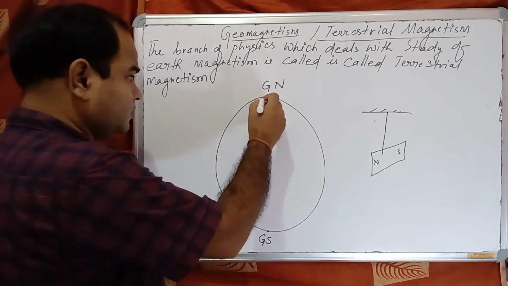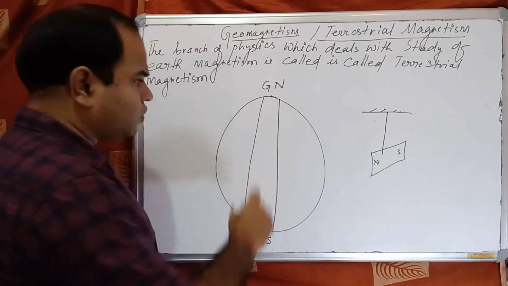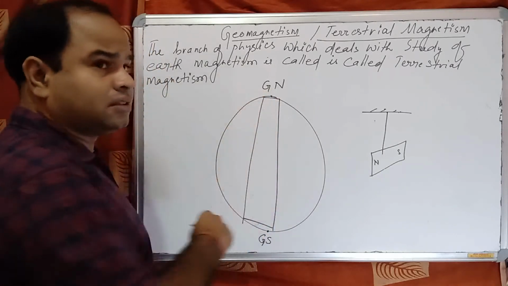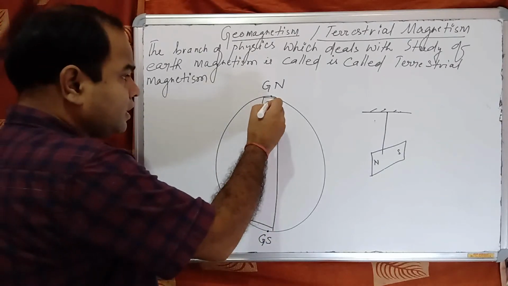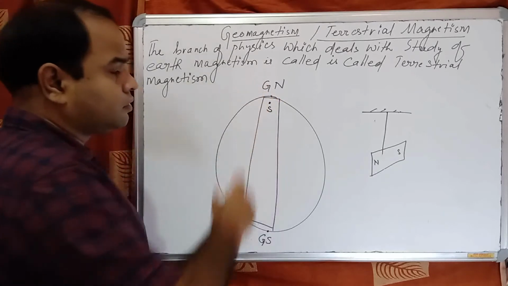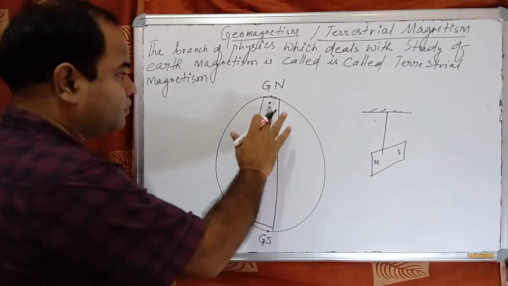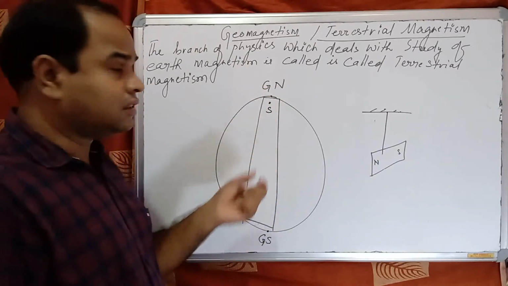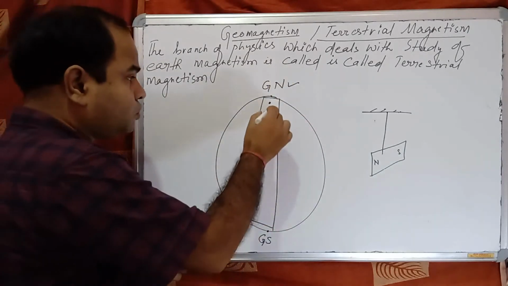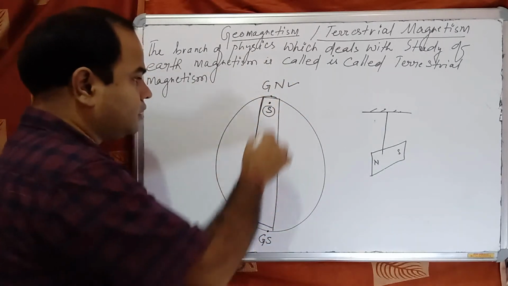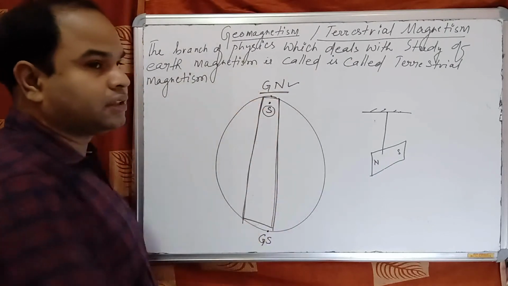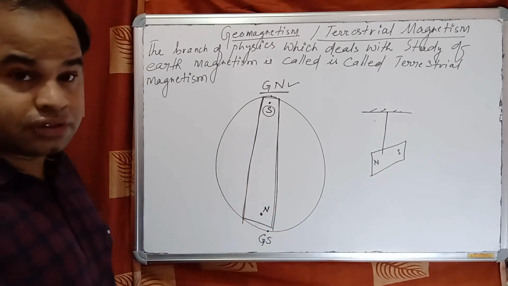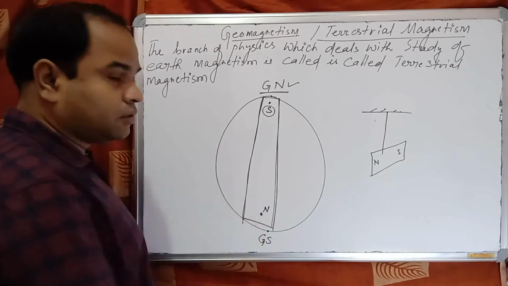If it is a huge magnet, it has a north pole and a south pole. The south pole of this earth magnet lies at geometrical north of the earth, and the north pole of this earth magnet lies at geometrical south.